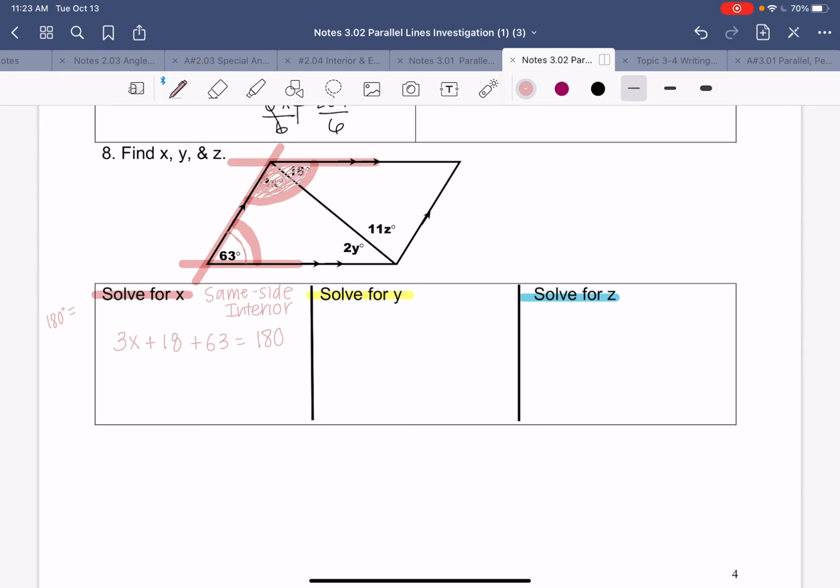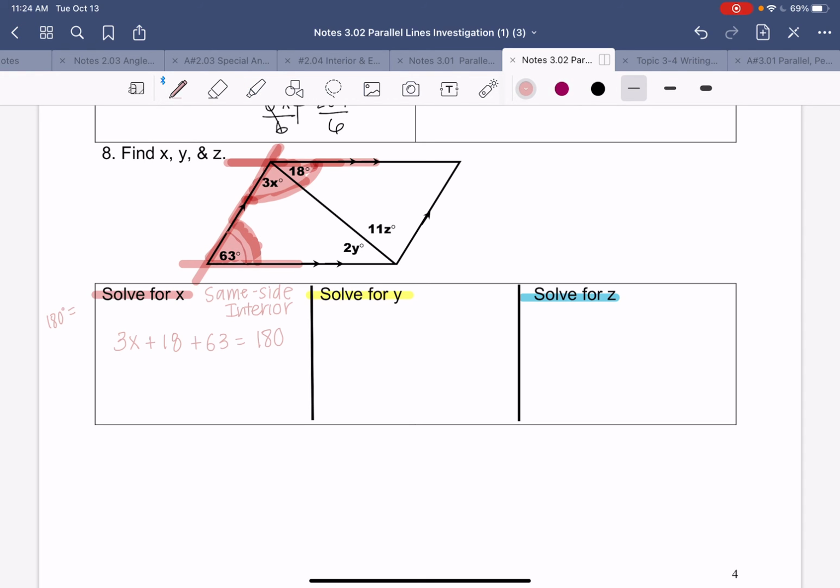The reason you have to add the whole thing is because that line in between there isn't your transversal. This line next to the 3x is your transversal, so it's including this whole angle right there, and then the 63. And those are the same side interiors.